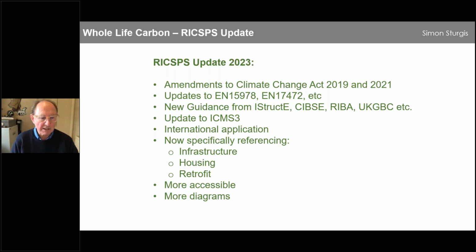Since we did the 2017 document, there have also been updates to EN 15978, which are coming out soon, and EN 17472, which came out last year. We've also had new guidance from iStructE, CIBSE, REBA, and UK GBC, and so on in the UK, and no doubt parallel documents elsewhere.